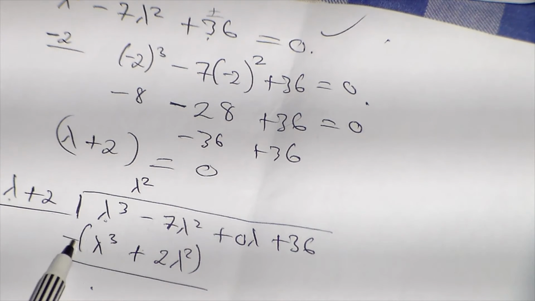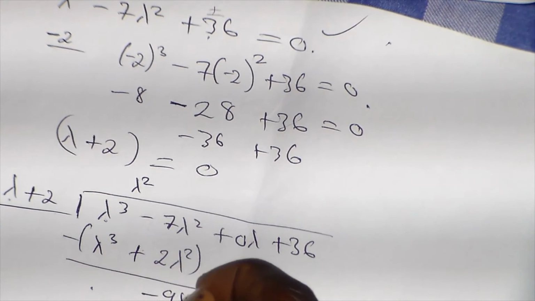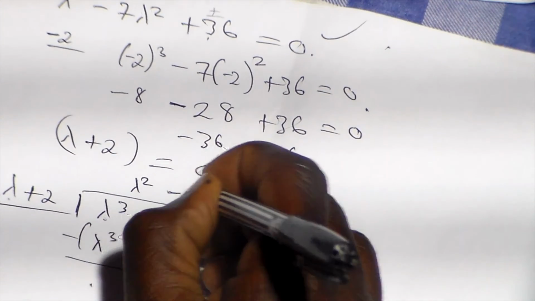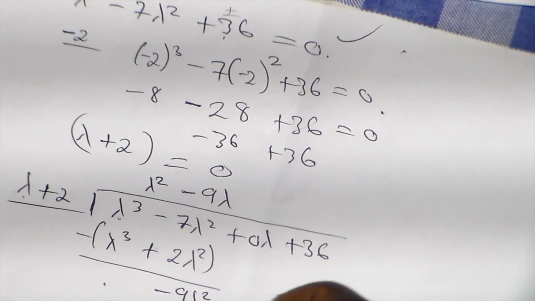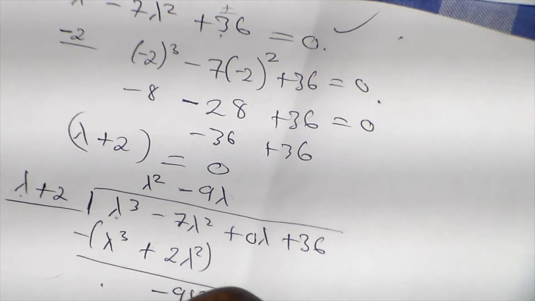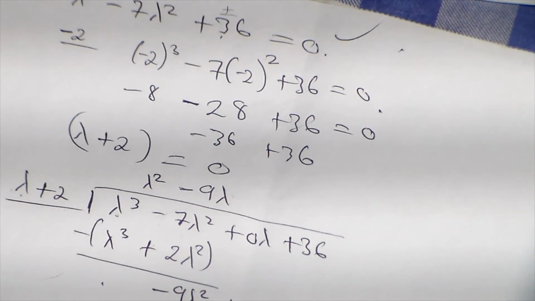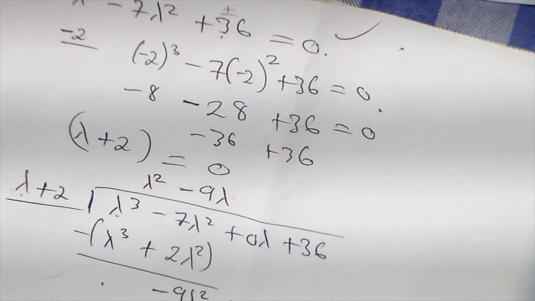Minus 7 minus 2 lambda squared, that's minus 9 lambda squared. Here we get minus 9 lambda, and multiplying there we get minus 9 lambda squared minus 18 lambda.